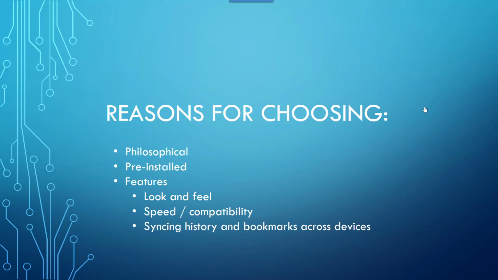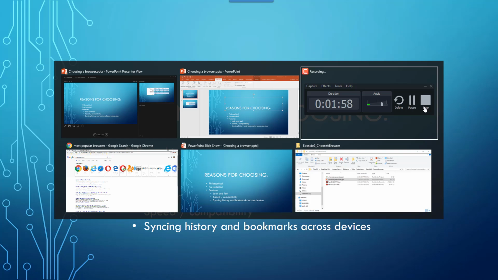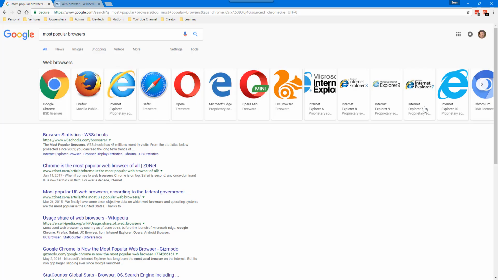Other people will certainly look at features, the look and feel, how fast it is, and other things like syncing history and bookmarks across devices. So let me bring my Chrome back up. This video isn't about all the features of browsers, because they're basically doing all the same things these days. They help you browse the internet.